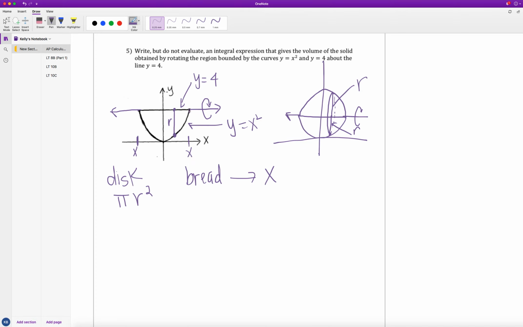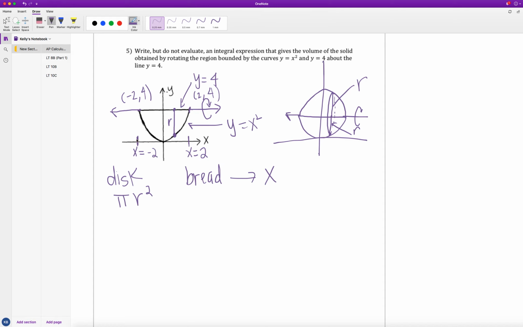Well, they're coming based off of when I plug something in to y equals x squared and I get 4 out. Well, if I plug in 2 into x squared and I square it, I will get 4. So this is the coordinate pair there, (2, 4). Likewise, if I plug in -2 and I square it, I will also get 4.